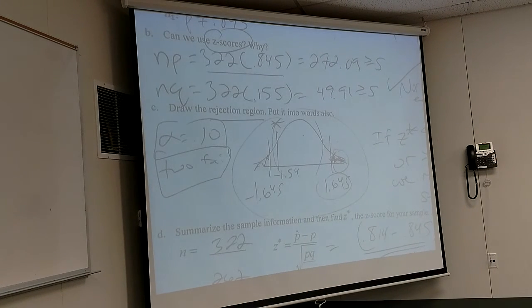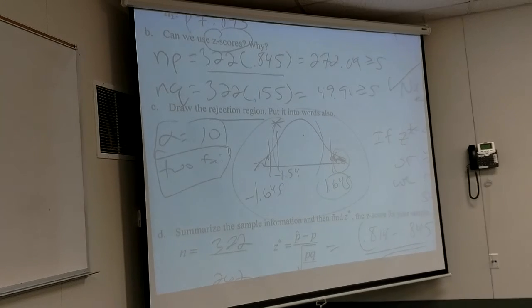Now this is a two-tailed test. I'm going to have to double it. But what's the area of negative 1.54? What's the area below that? Can you look up what the area is below negative 1.54? You don't have a z-score chart. That will be very difficult.